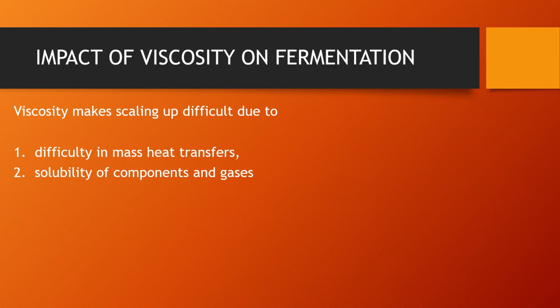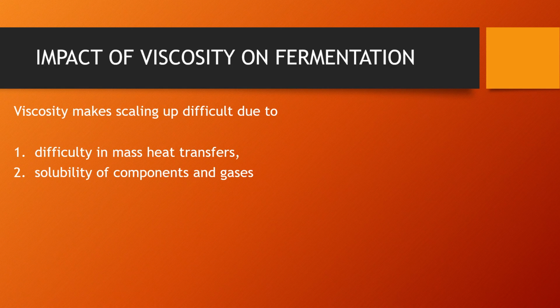Viscosity makes scaling up difficult. Why does it make scaling up difficult? What do you mean by scaling up? Scaling up means increasing the volume of the fermenter to achieve more yield, to achieve more product at the end of the process. So difficulty in the mass and heat transfer.